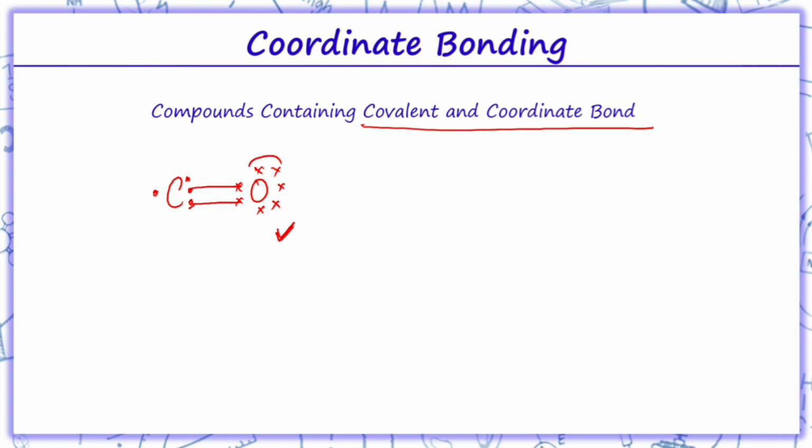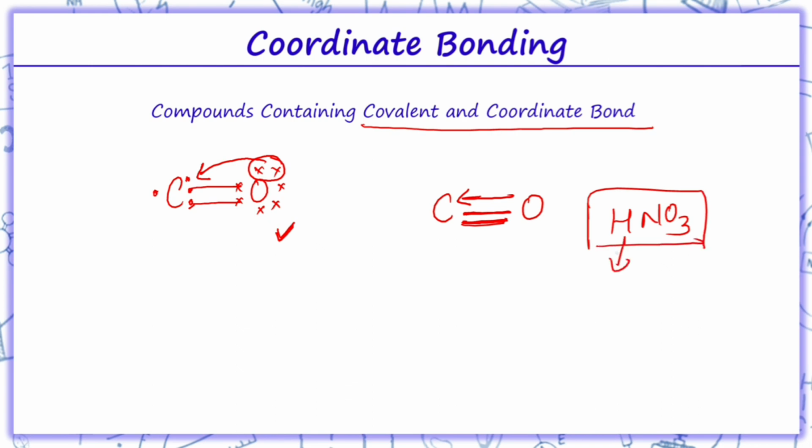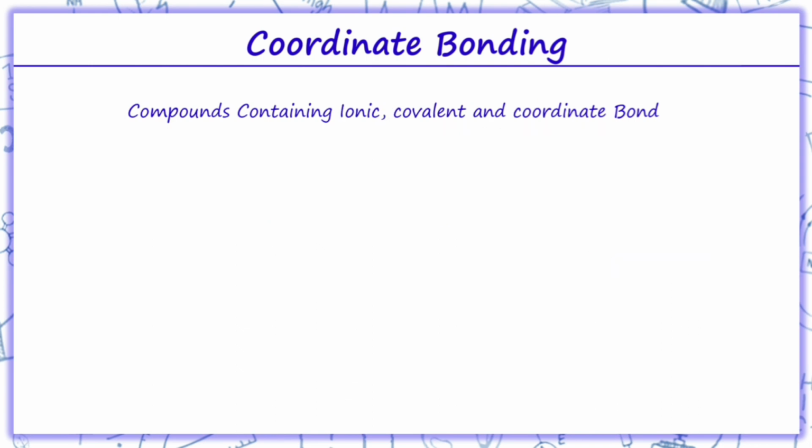So carbon needs 1 lone pair of electrons. So oxygen's 1 lone pair of electrons is shared. We indicate this as a coordinate bond, and the sharing of 2 electrons is indicated by a covalent bond. Since 2 electrons were shared in the covalent bond, we indicated it with a double bond. Similarly we have the example of HNO3 in which covalent and coordinate bonds are there.